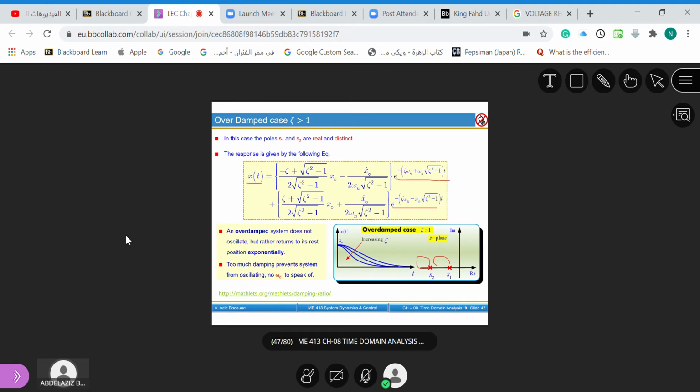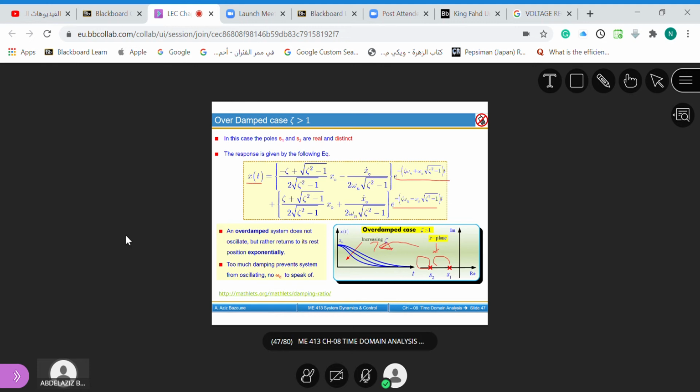You are not required to memorize this equation, but all you need to know is, when the poles are located here, what will be the shape of the response. It looks almost similar to the critically damped case.